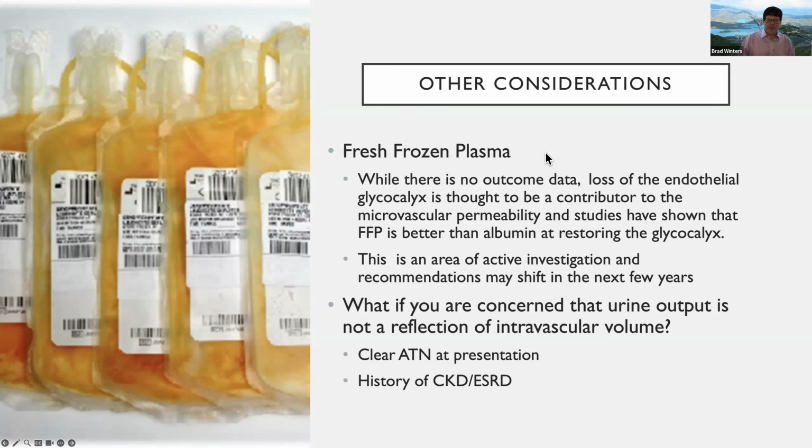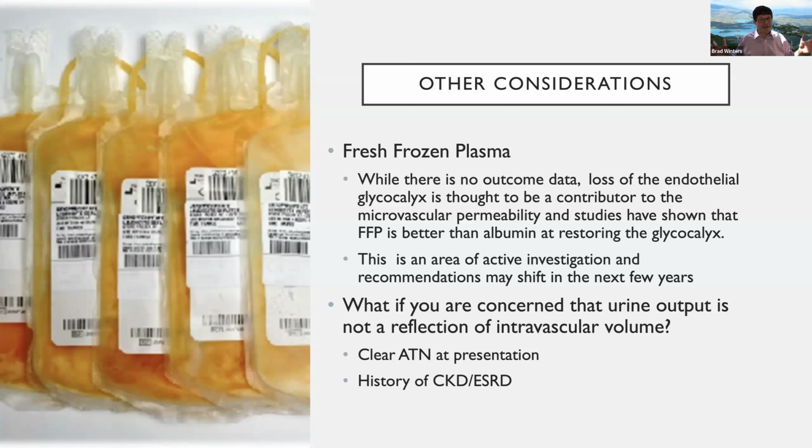What about if you're concerned your patient's urine output is actually not a reflection of your resuscitation? Okay, this is a huge problem. Patients with chronic kidney disease or patients who are already on dialysis, people who already have end-stage renal disease, right? We said our primary goal for our resuscitation is going to be urine output.